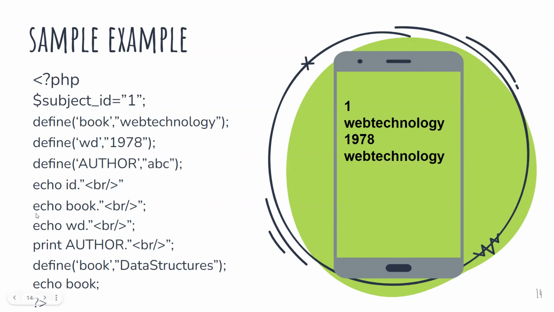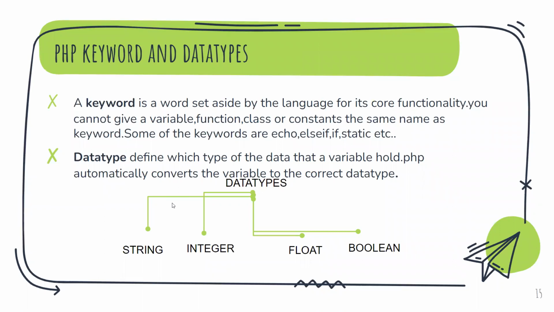Whenever we try to print book, see, the web technology is getting printed. So now we are done with variables and constants.